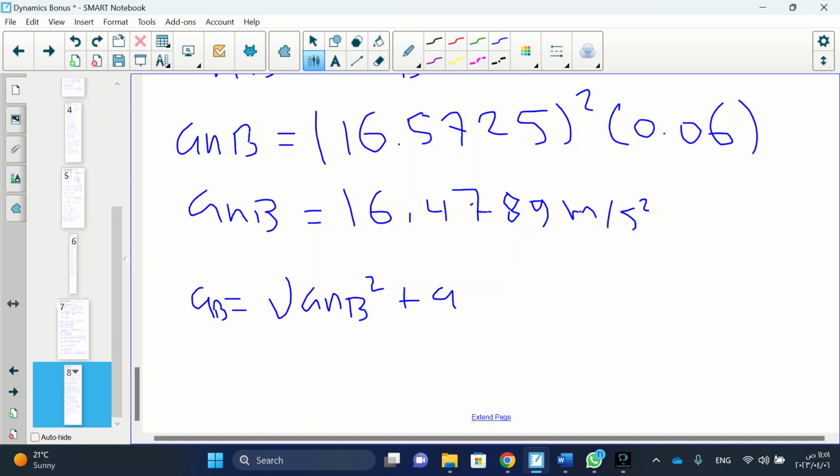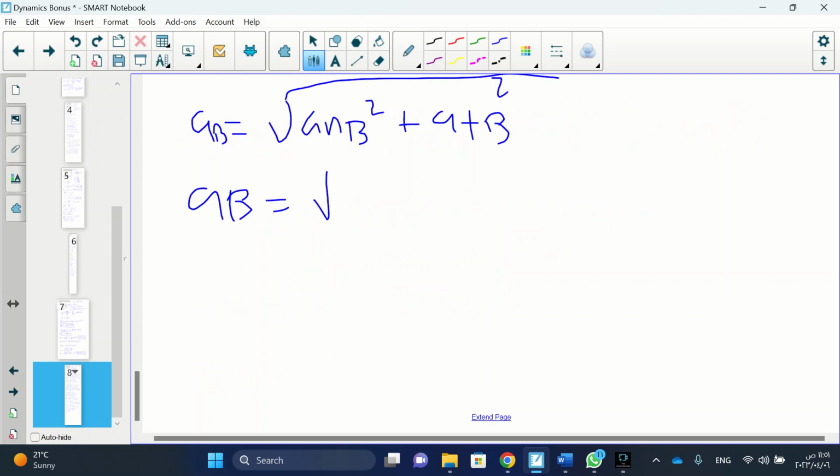So AB is equal to the square root of A normal at B squared plus A tangential at B squared. So AB is equal to the square root of 16.4789 squared plus 0.45 squared.